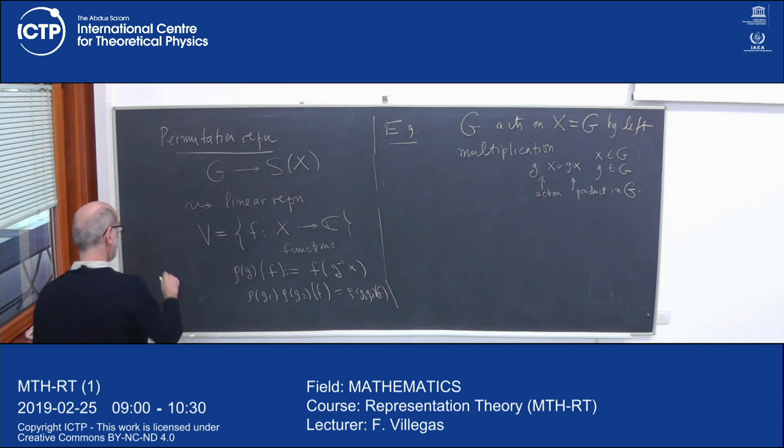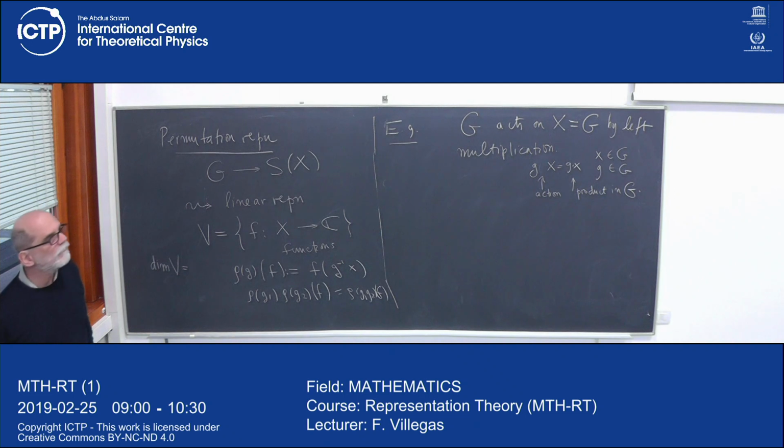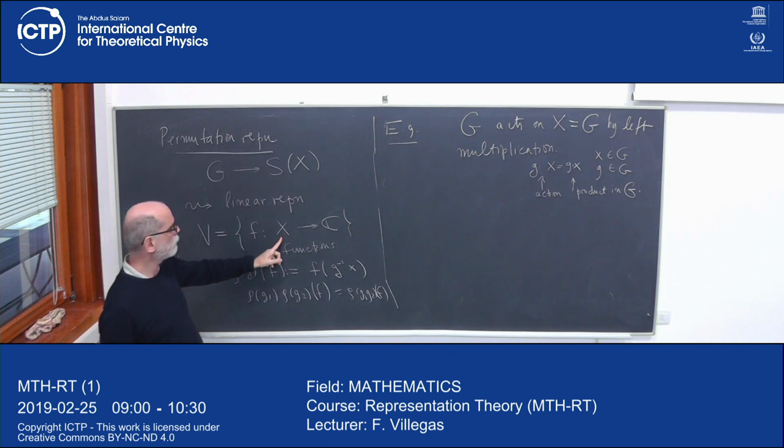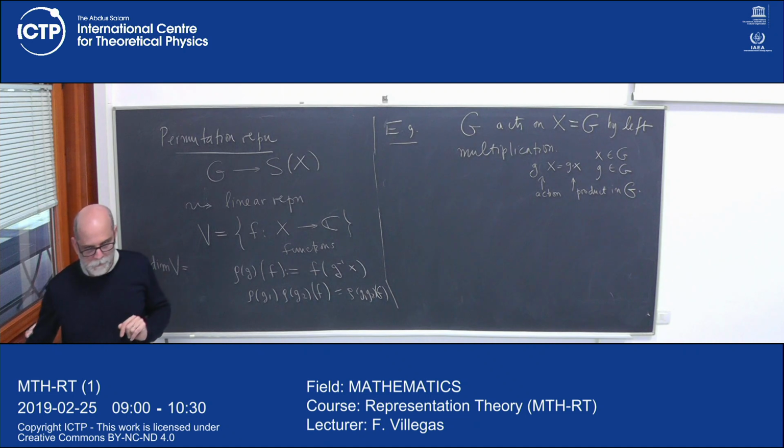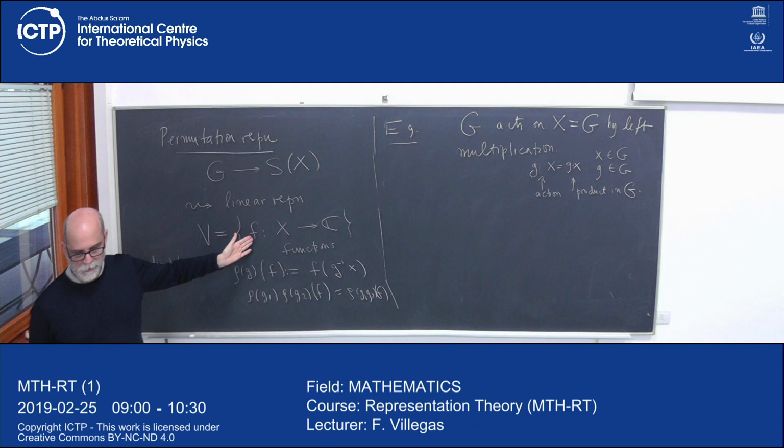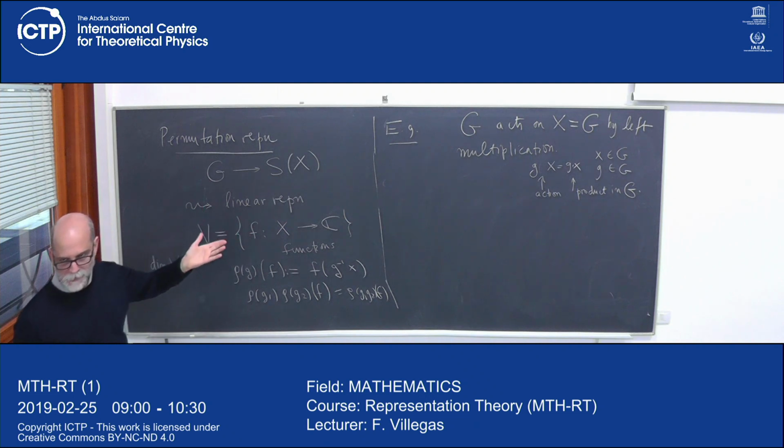Maybe I forgot to say here, what is the dimension of V? Well, as we were arguing before, here we have a finite set, and we look at a function from that finite set to C. To give a function is to give a complex number for each element of the set, and these things are independent.